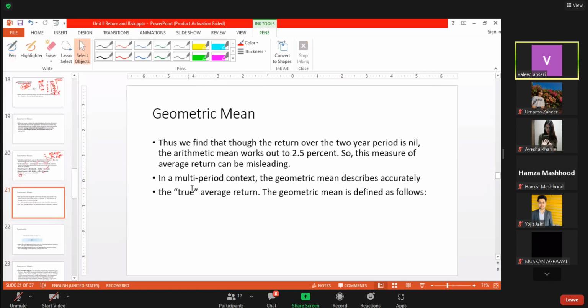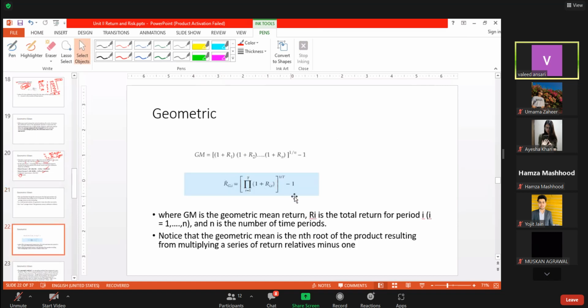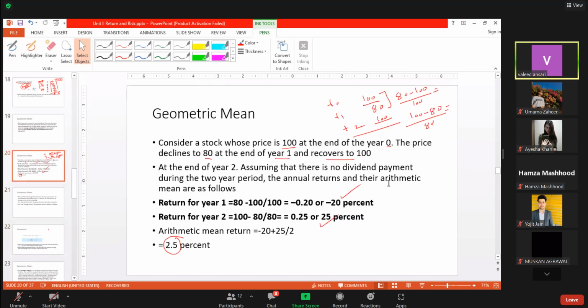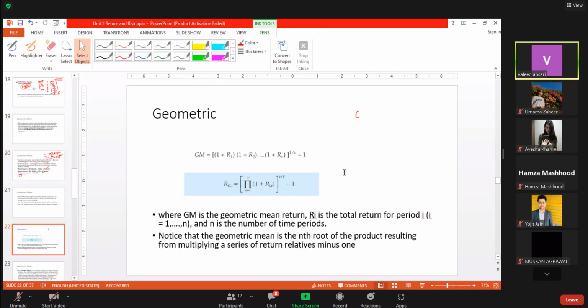So, as I have already explained, this is in a multi-period context. This is the formula for calculating it, and I will take up the other aspect in Excel also. What we do is convert the return. For example, the return was minus 20, so we do 1 minus 0.2, so it will be 0.8.